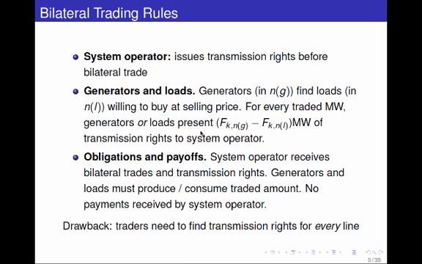When I'm thinking of writing a market model, I have to be thinking of what the products are that are being traded. So in a bilateral market, what are the products that are being traded?